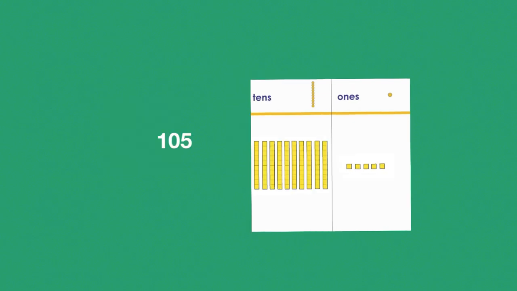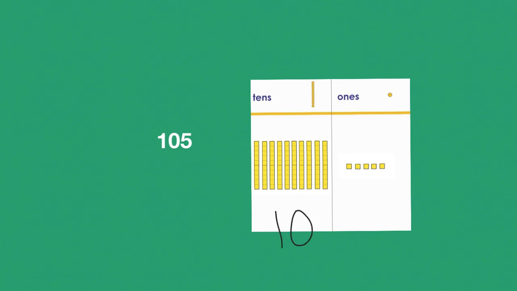Our next example is going to be the number 105. Here we have our place value chart with our rods and units representing the number 105. 1, 2, 3, 4, 5, 6, 7, 8, 9, 10 rods or groups of 10.